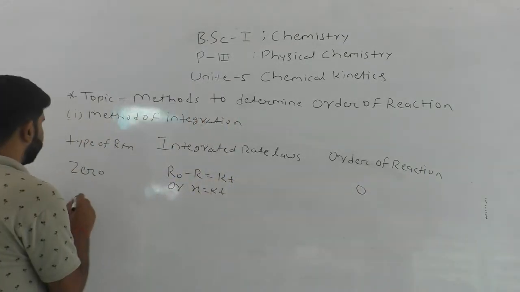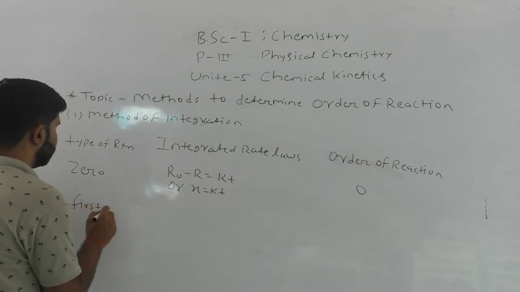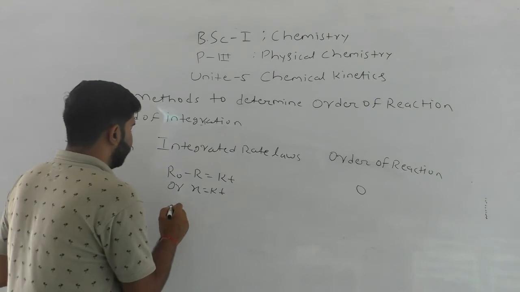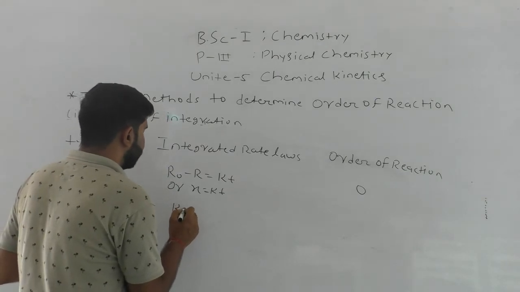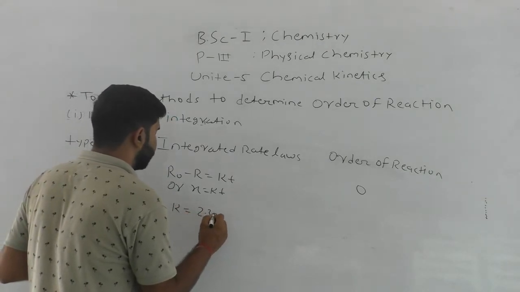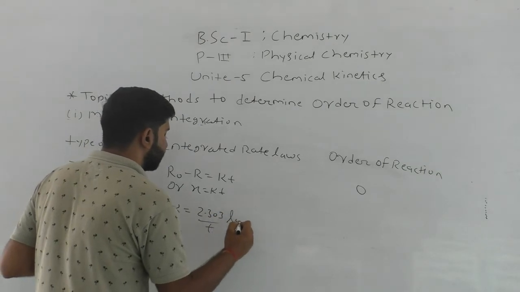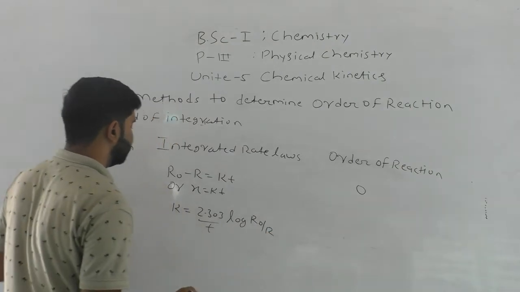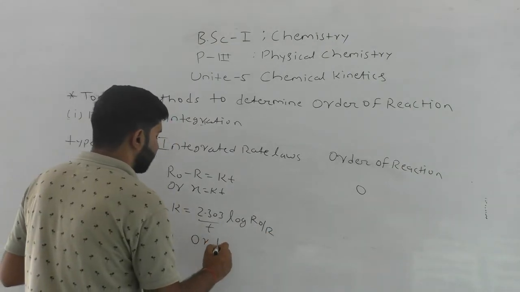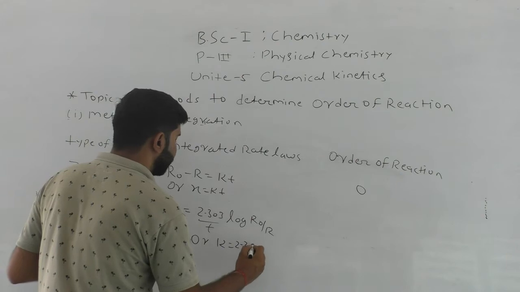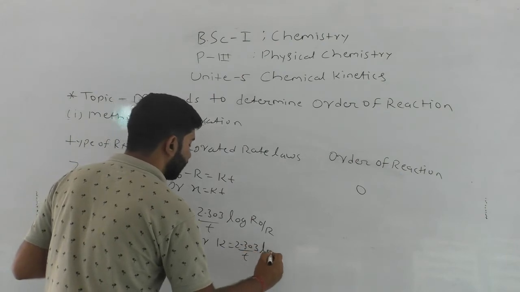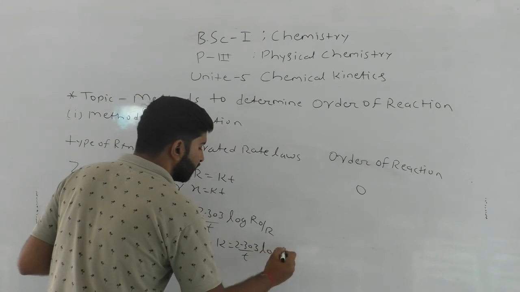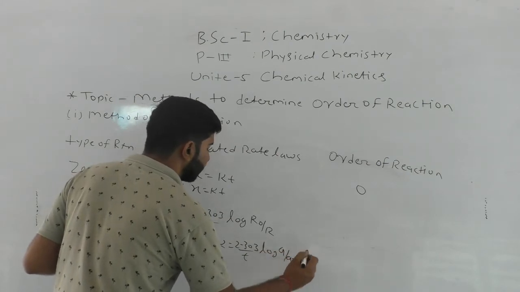First order: the integrated rate law is k equals 2.303 upon t log R naught upon R, or k equals 2.303 upon t log a upon a minus x.